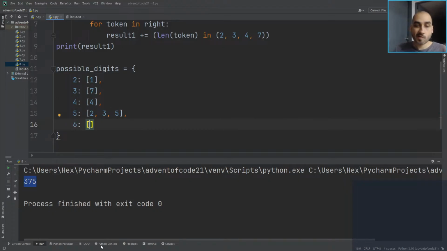Six can be 0, 6, or 9. And then, of course, 7 can only be 8.